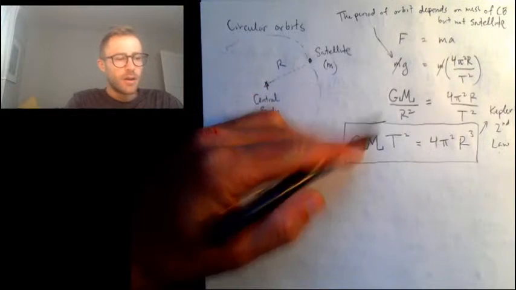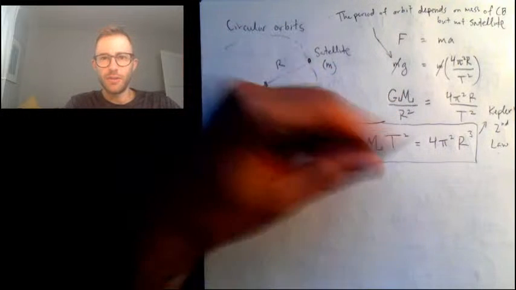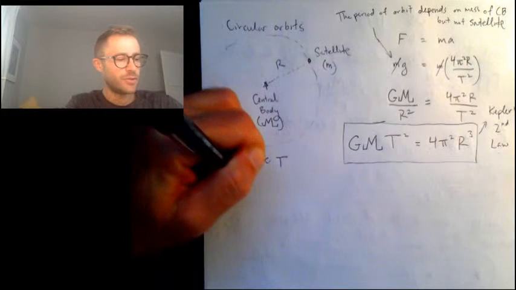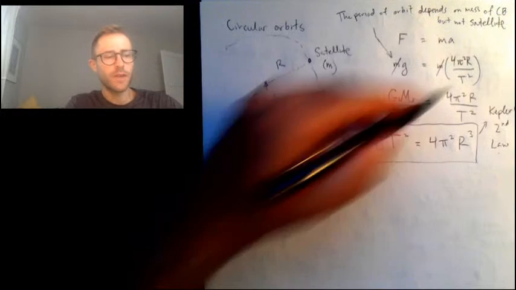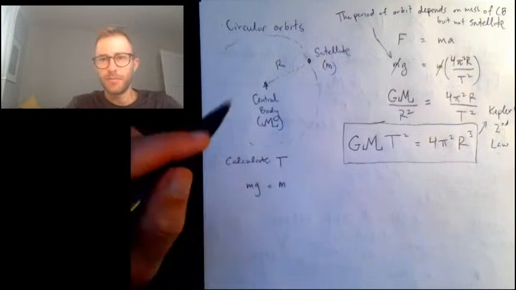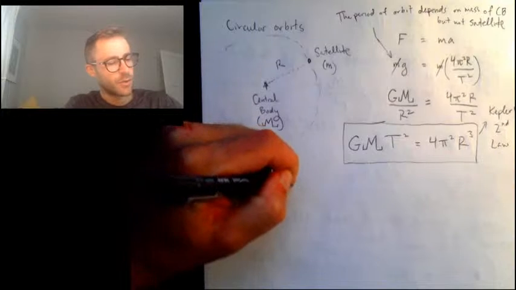All right. Suppose we had gone through this entire derivation. So we have mg equals m. But what if I didn't use this equation? What if I use the equation v squared over r?